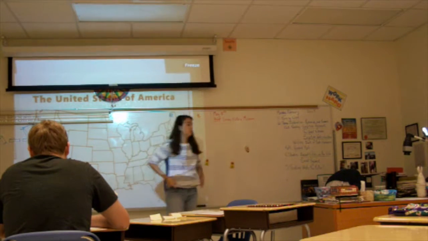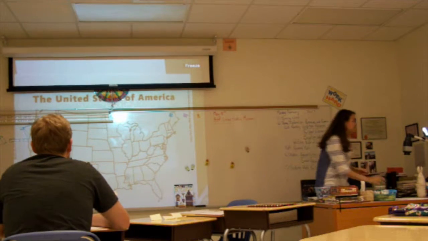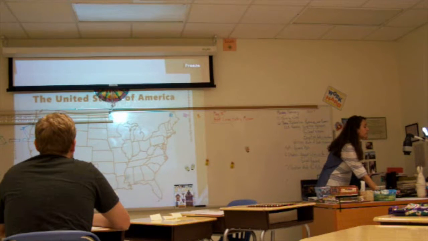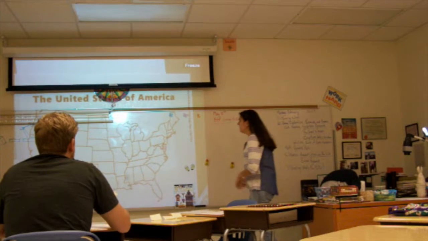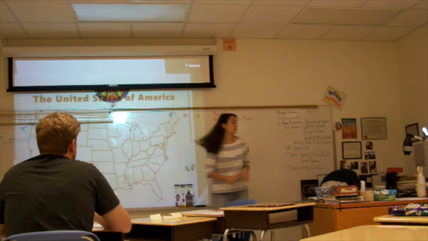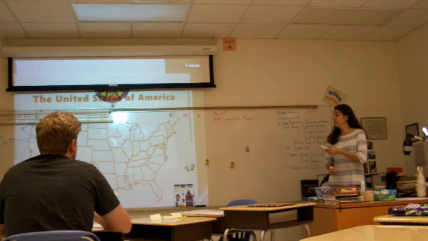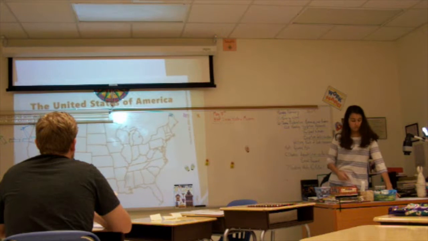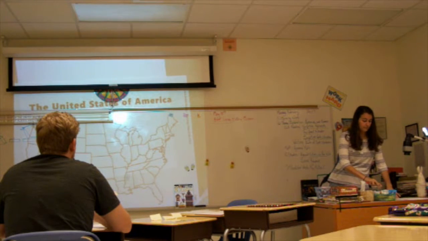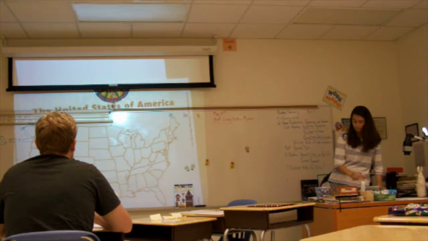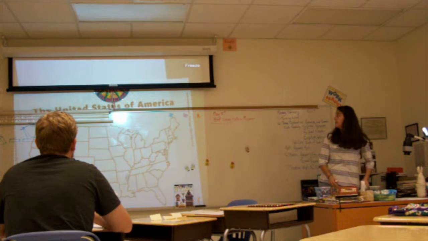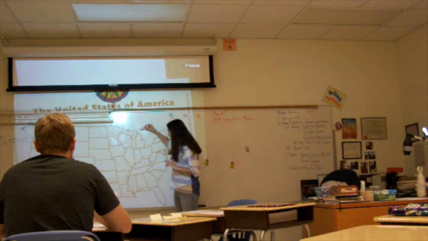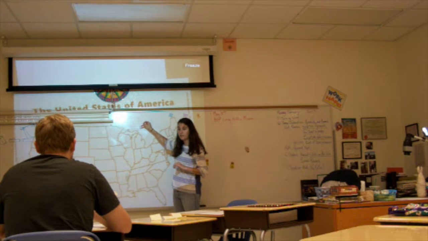Okay, so, I'll put the list back up so we can see. So, where do we think the Great Lakes are? Can anybody tell me? Shaw? Michigan. So we believe that right here takes place of our Great Lakes, right?